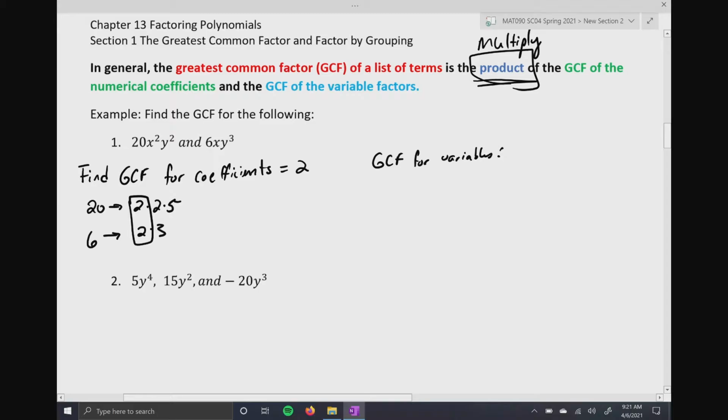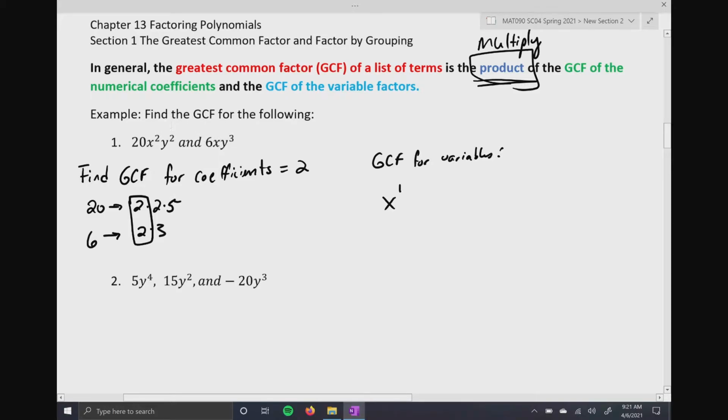The question becomes, what's the smallest exponent between those two terms? That's a 2, and that's a 1. So what's smaller, 1 or 2? 1. Perfect. So my GCF for the variables will be x to the first.